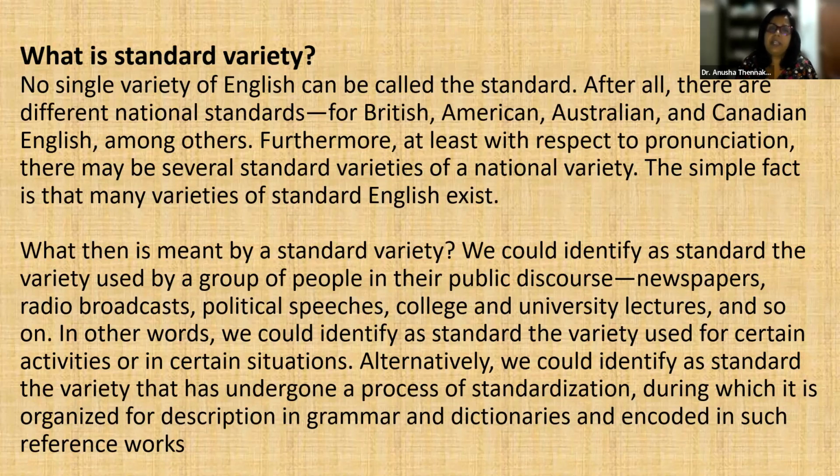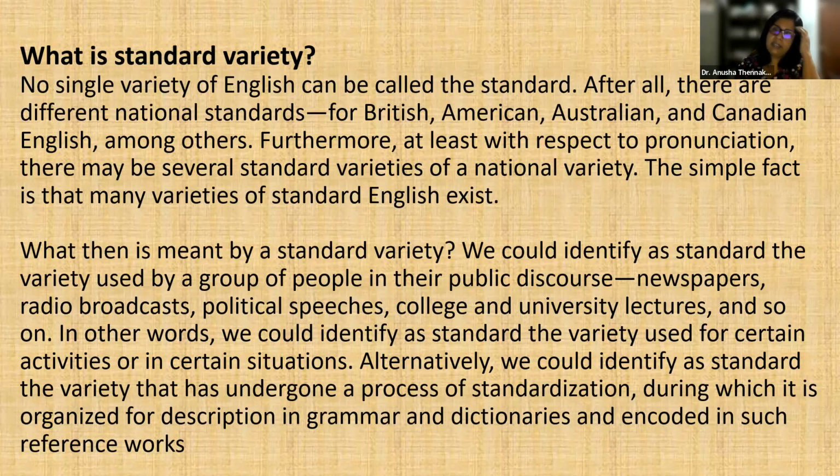Furthermore, at least with respect to pronunciation, there may be several standard varieties of a national variety. As a whole, we don't say it is a standard language, but inside the language, when we think about pronunciation, there may be some standard varieties. The simple fact is that many varieties of standard English exist.